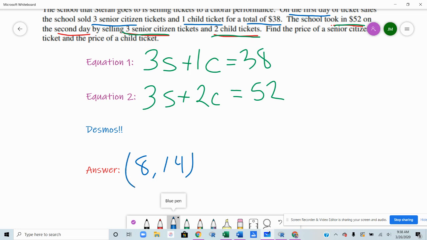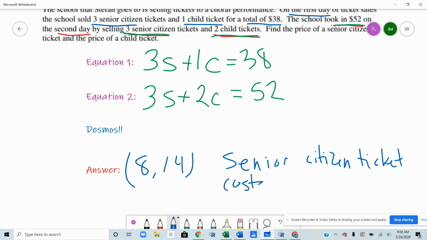But since these are word problems, your answer shouldn't look like this. It needs to answer the question. It says find the price of a senior citizen ticket and the price of a child ticket. So senior citizen ticket, and for me, senior citizen was S, which now is X, which is 8.